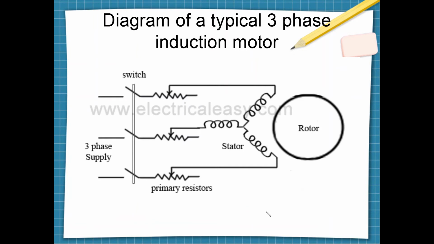Here is a diagram of a typical 3-phase induction motor. Here are the switches for the 3-phase supply, and here are the primary resistors. Here is the stator, which is 3-phase. Here is the rotor. This stator can also be connected in delta depending on the condition.